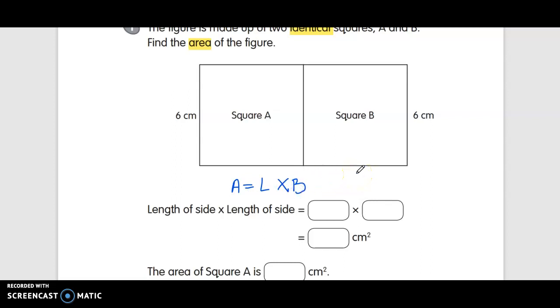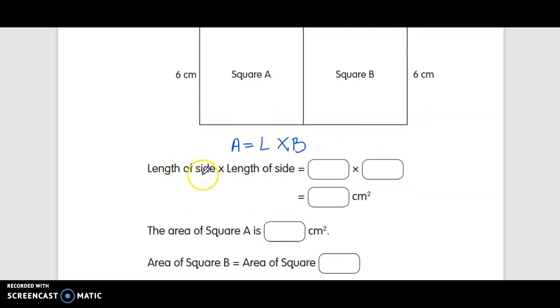Length times breadth. So in this case, for square it is length times length. So step 1, to find the area of the whole figure, there are 2 ways to do. And we are going to do one using what the workbook has suggested. Later, Mrs. Chai will then tell you another way to solve this question.